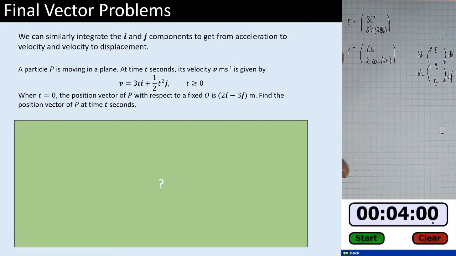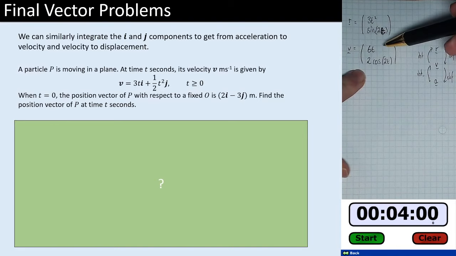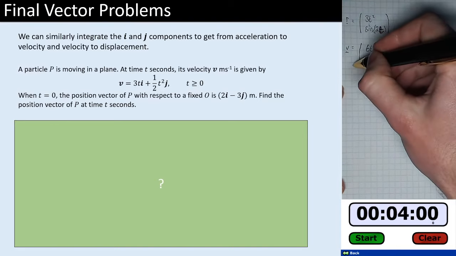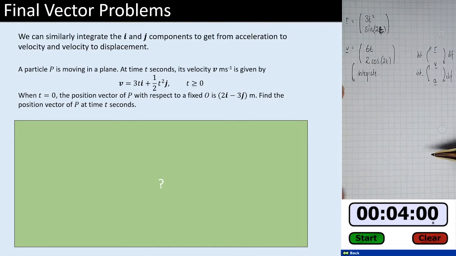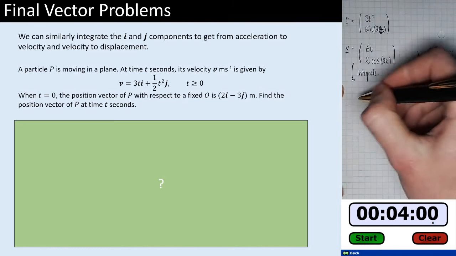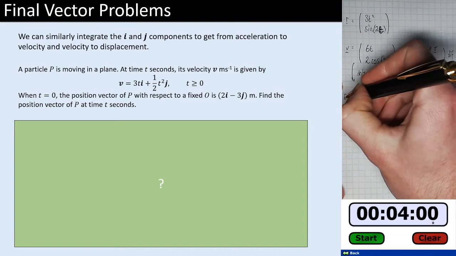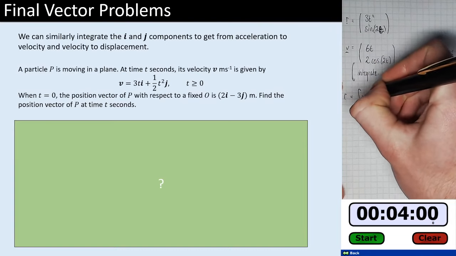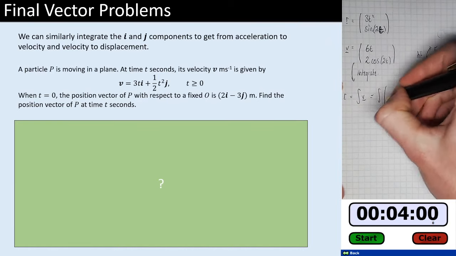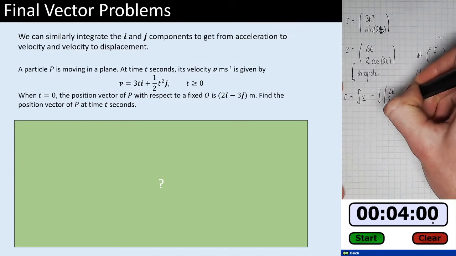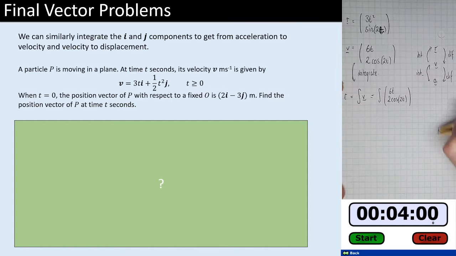So if I were to take this expression for my velocity and integrate it, what I should end up with is my position. Okay? So my position, which will be the integral of my velocity vector, is just going to be the integral of 6t and 2 cos 2t, like that. And we're integrating with respect to t.